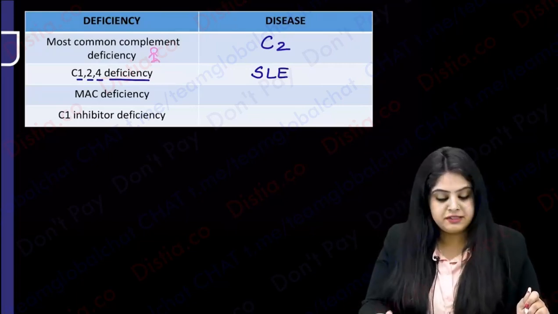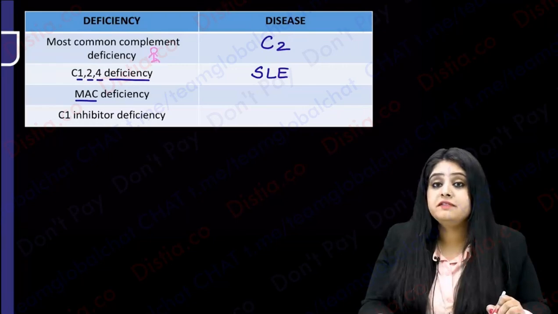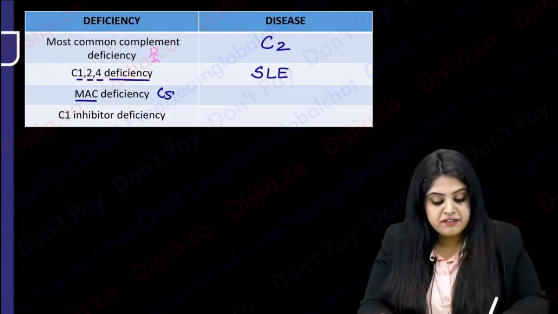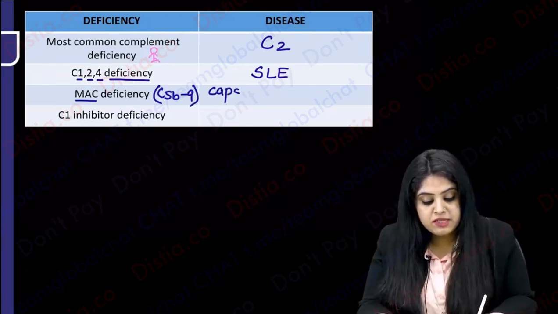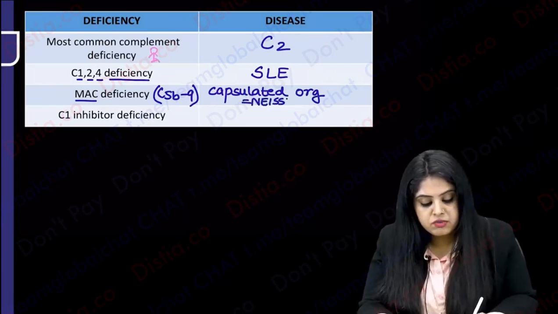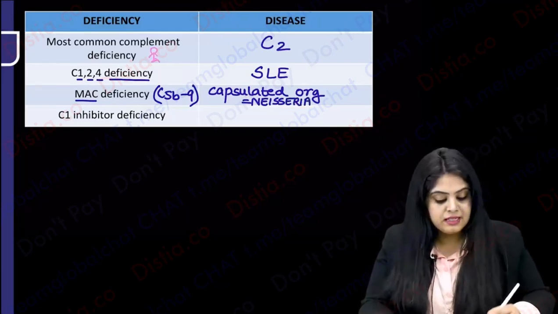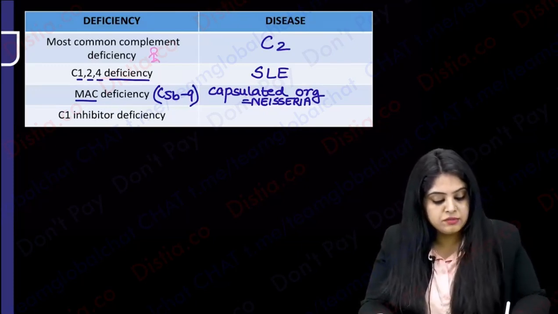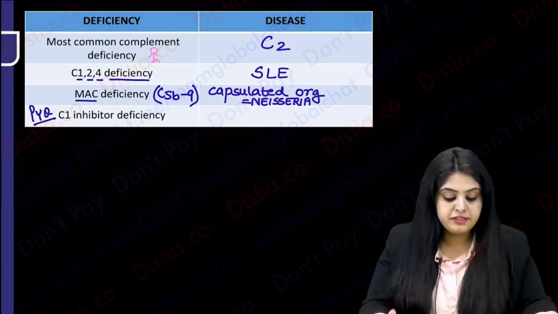So early ones, SLE. If the late ones undergo a defect, that is C5b to C9, the membrane attack complex, there is infection with many capsulated organisms, and one very famous infection is Neisseria. Very important, very famous infection that you need to know is Neisseria infection if there is MAC deficiency.